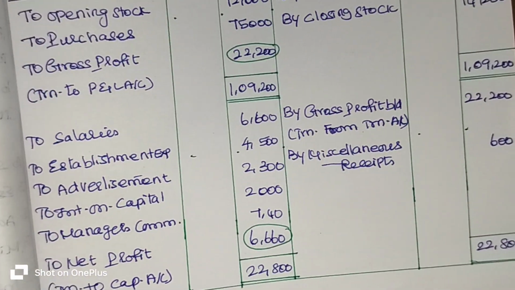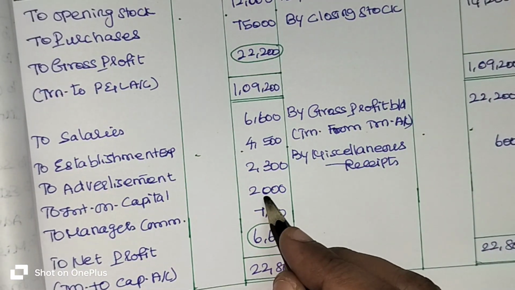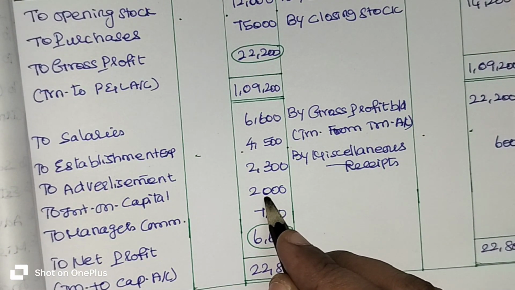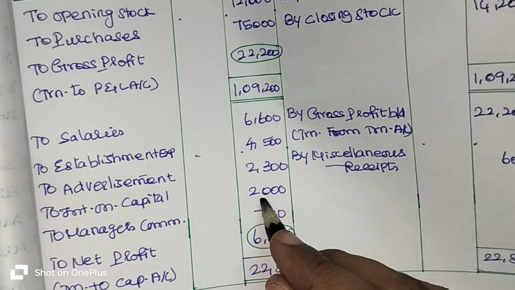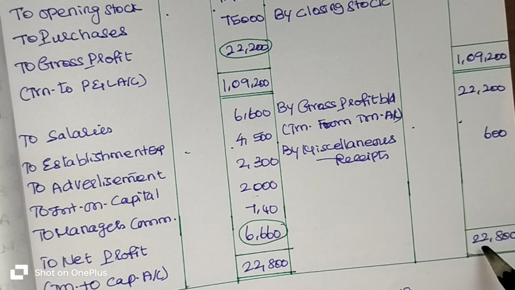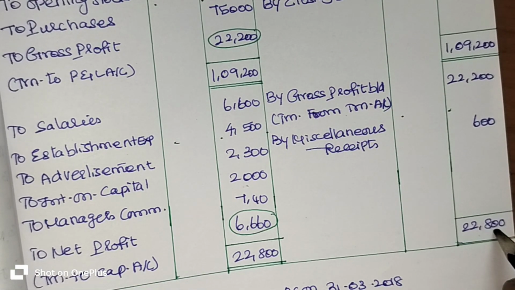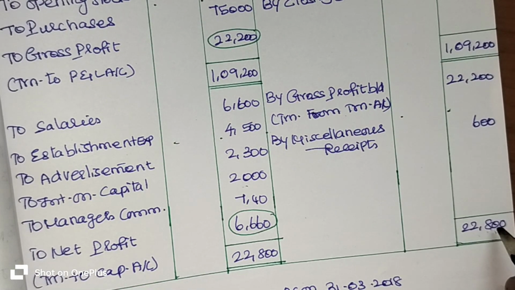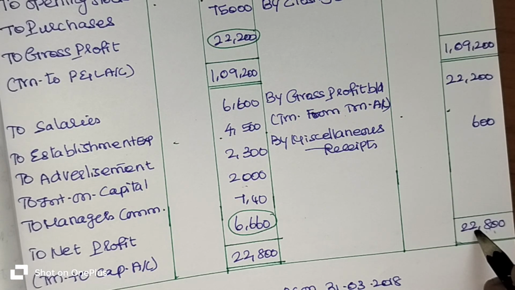So 2,000 rupees interest on capital is an expense for the business. We enter it on debit side of the profit and loss account. Then the credit side has the higher value, that is 22,800. We consider it as the total.